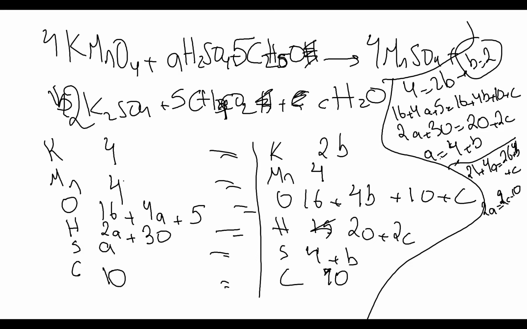And A equals 4 plus B. B we already have, which is 2. So 4 plus 2 is 6. So A equals 6.